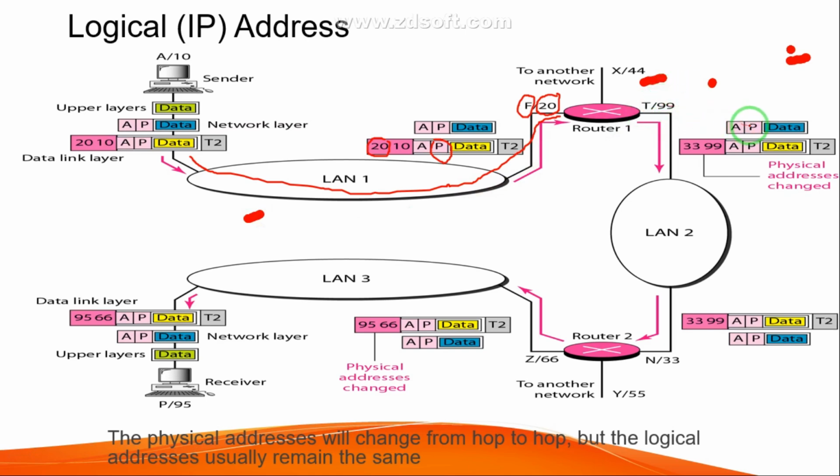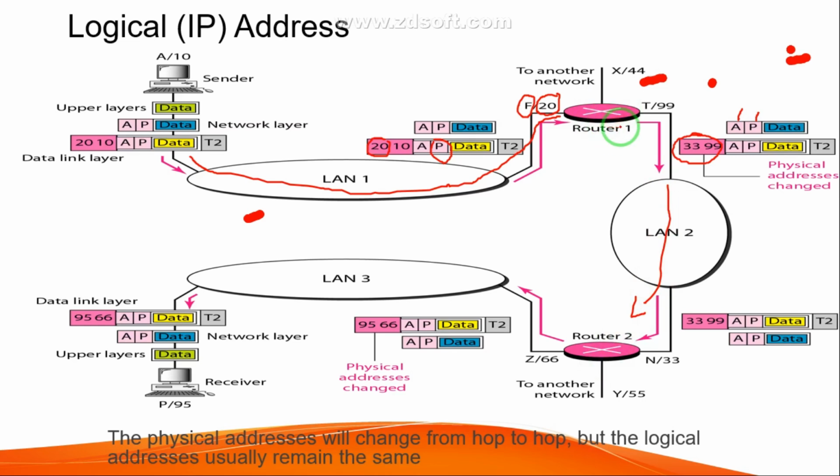So you can see the difference. The logical addresses, that is P and A, are not changing, they are the same. Only the physical addresses are going to change. Because when this router sends the data through this LAN 2 to router 2, then for that router, who is the sender?